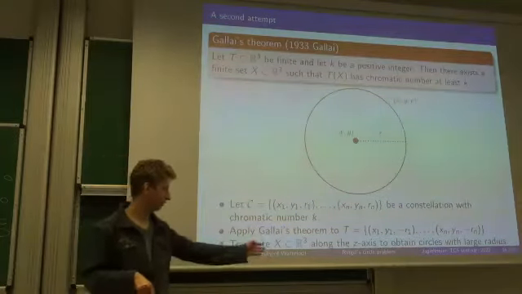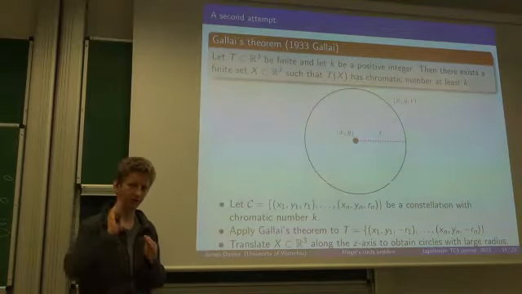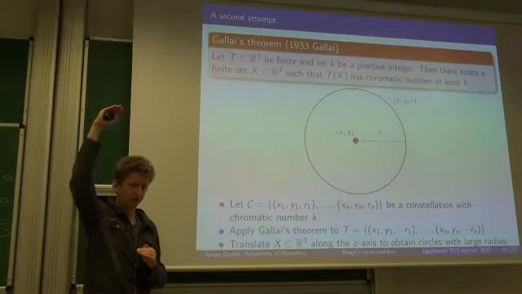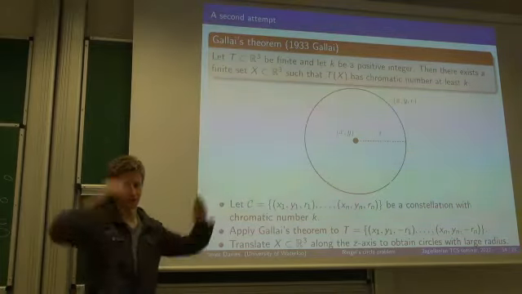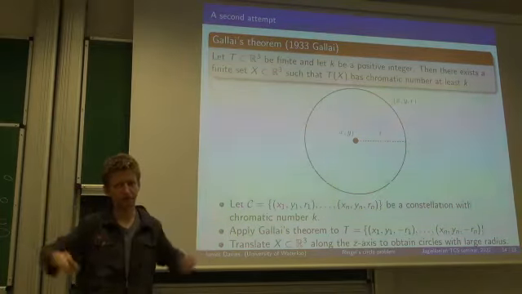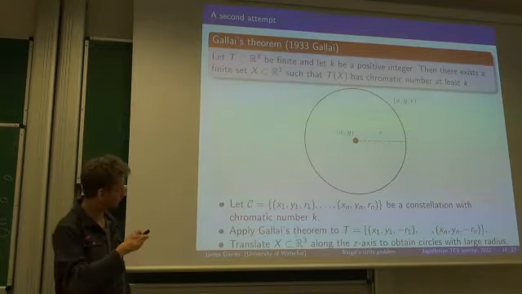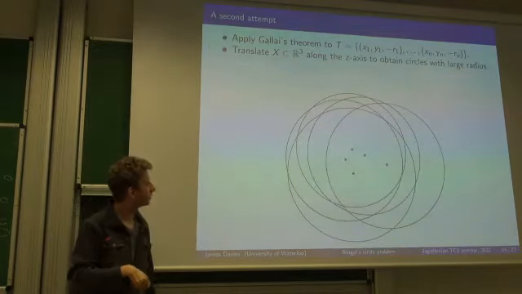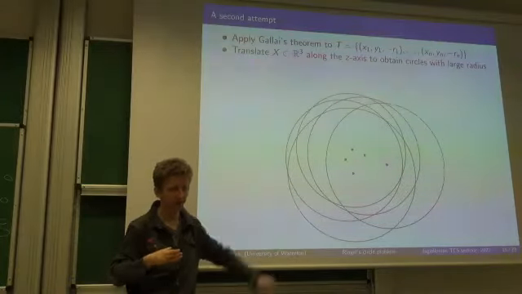So all we'll do once we've got this x out of Gallows theorem is translate along the z-axis, translate the whole set way up. And what this means for our circles is we're just increasing the radius. So we make them all positive and we can make them all large. And we can do this so we get some kind of set like this out of Gallows theorem.